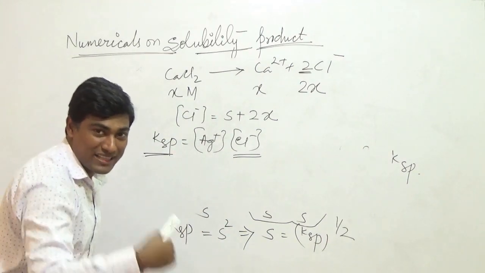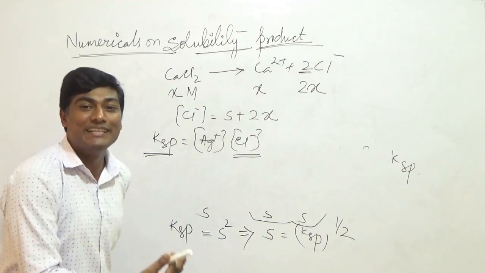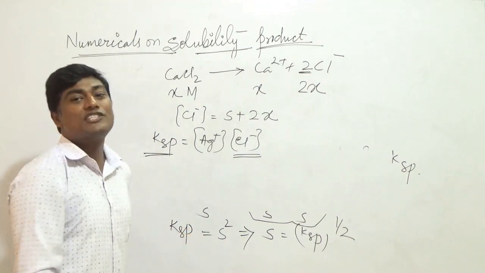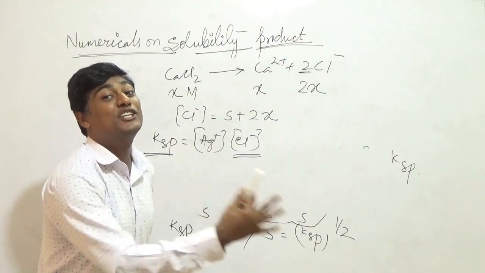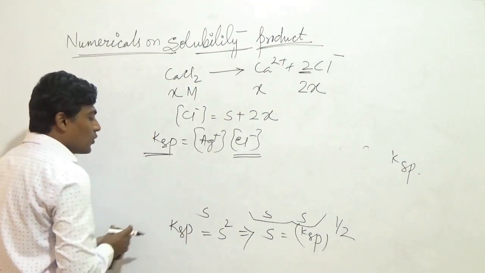The molar solubility of silver chloride is nothing but the concentration of Ag+ in the solution.